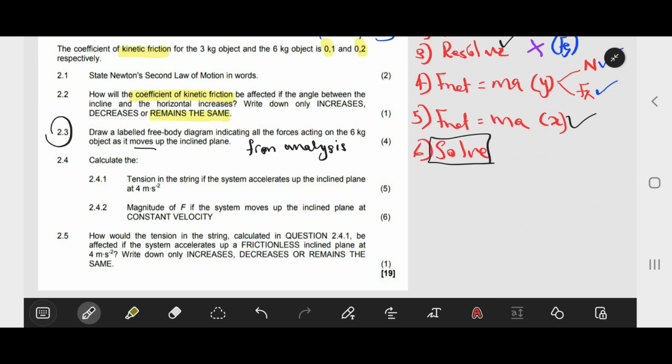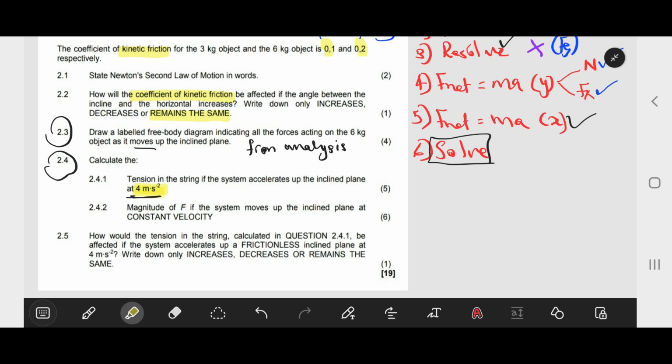All right, so the next question, 2.4 now. Calculate the tension in the string if the system accelerates up the inclined plane at 4 meters per second squared. So now you are given the acceleration. From our analysis, if we go to the calculations part, starting from step number 4, we have obtained everything.